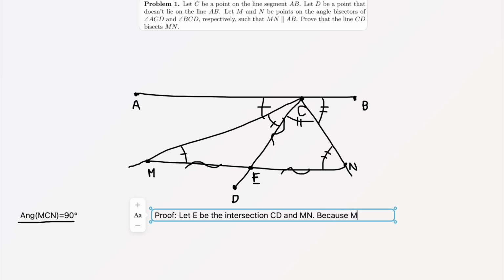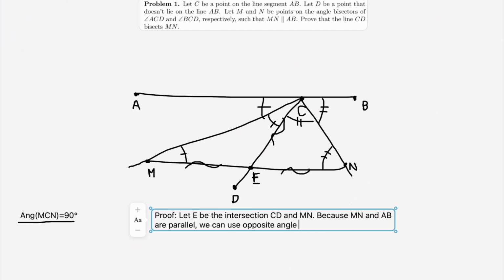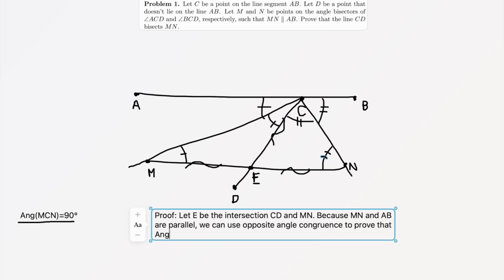So because MN and AB are parallel, we can use opposite angle congruence, saying that these angles are congruent and these angles are congruent, to prove that, sorry for the bad notation, but that's the best I can do, that this angle EMC is equal to this angle here, MCA, and we consider that angle is also equal to MCE.